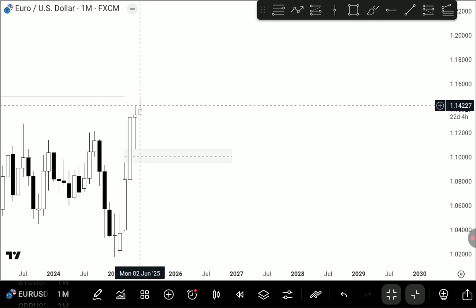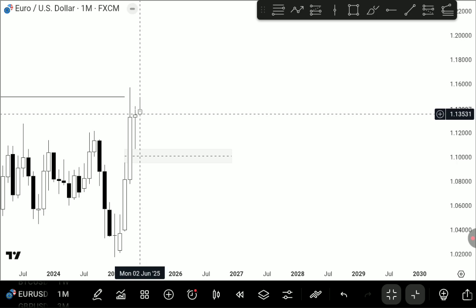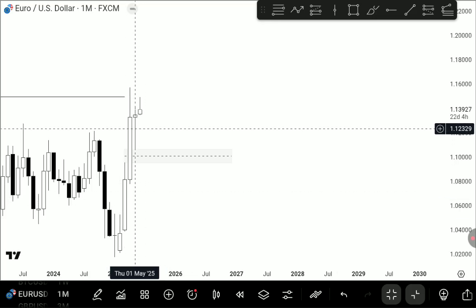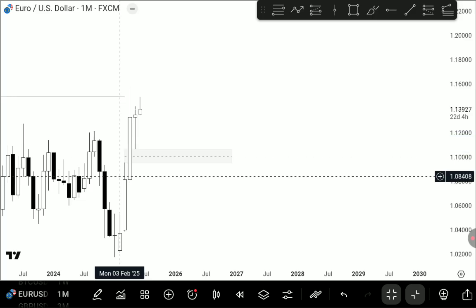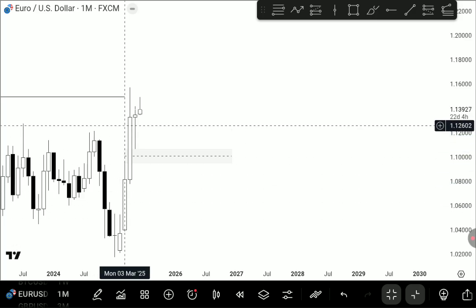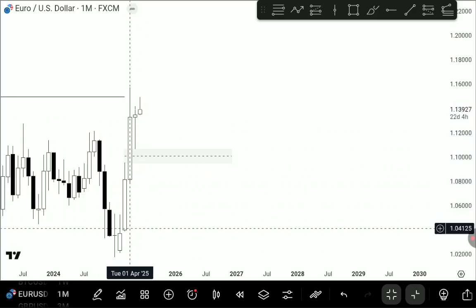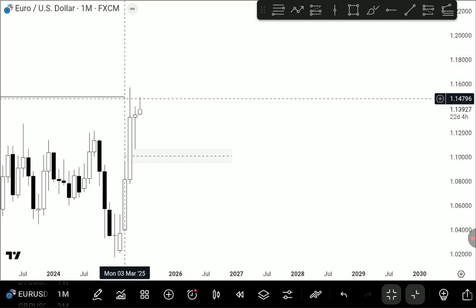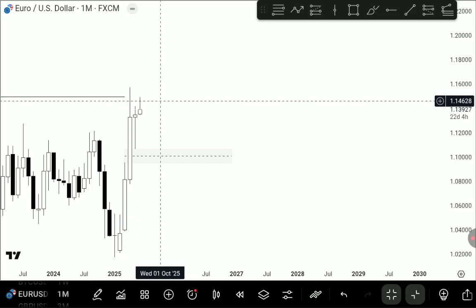Then another thing on the monthly is quarterly shifts. Let's look at the past 3 or 4 months. Last quarter, you can see that this quarter was clearly an expansion towards what? Towards this higher time frame key level.